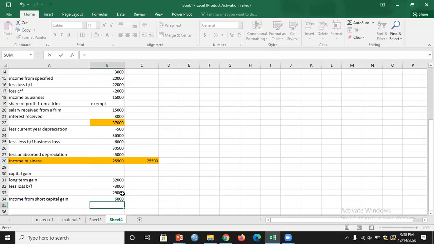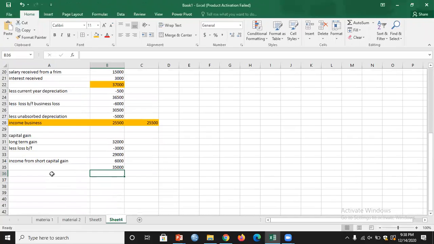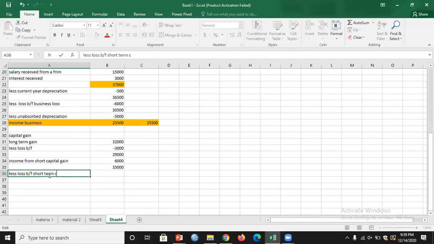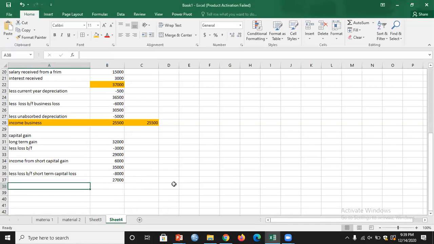So we got 35,000 as the income. Then we deduct the short-term capital loss, minus 88,000 rupees. So let me check the summation. We got 27,000 rupees as the total income of capital gains.